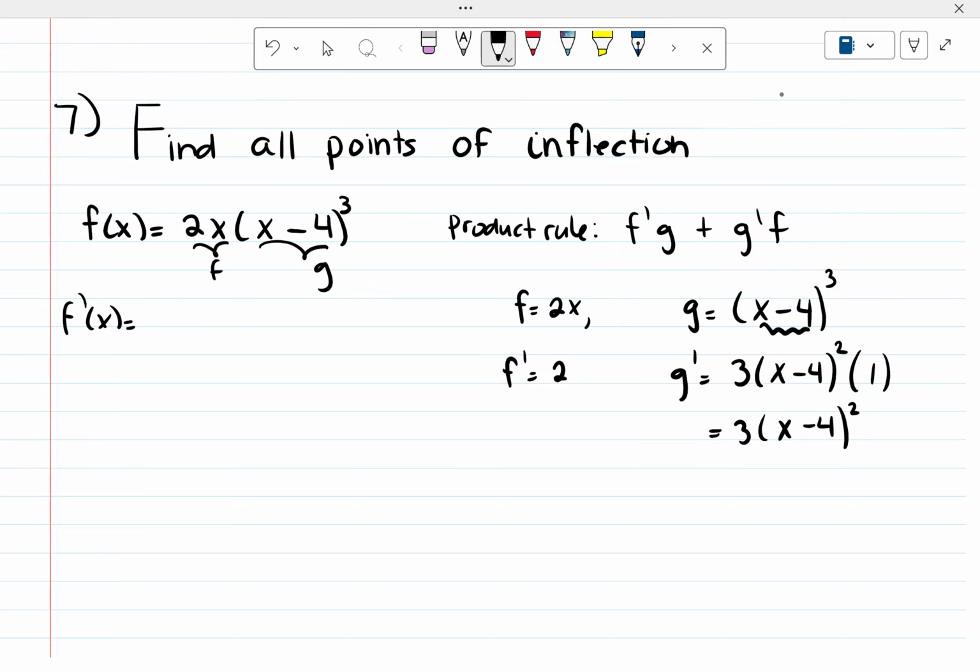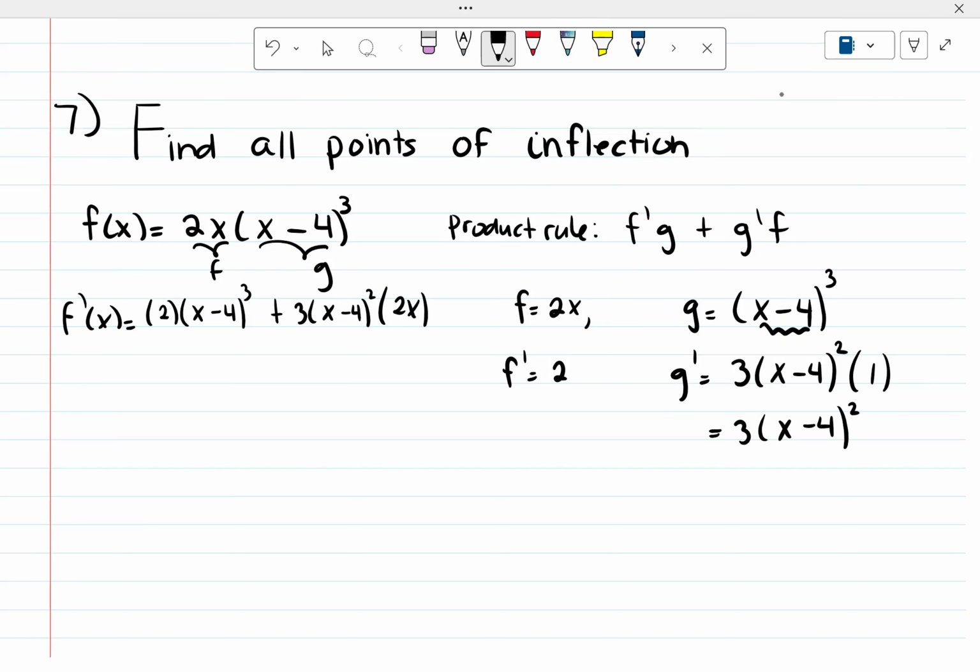Go ahead and put it in the product rule. So f prime is 2, times g, which is x minus 4 to the third, plus g prime, which is 3 times x minus 4 squared, times f, which is 2x.